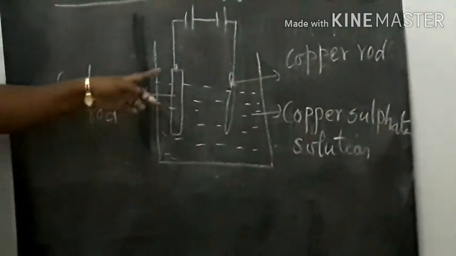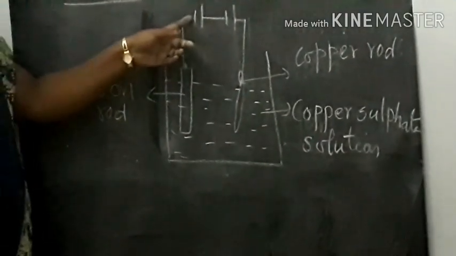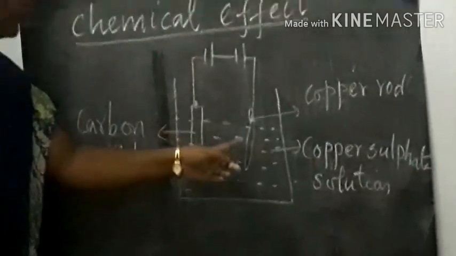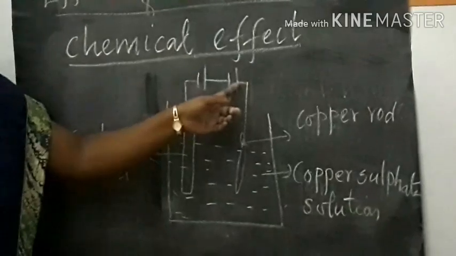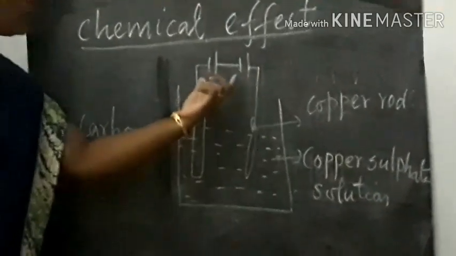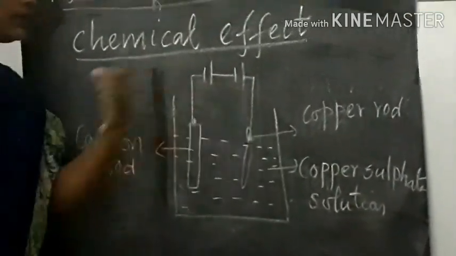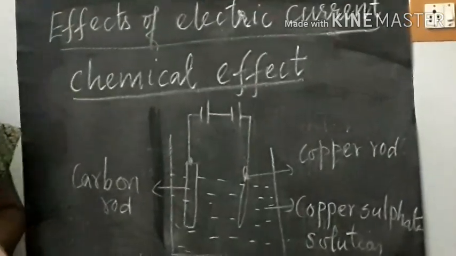And the carbon rod is connected to the negative terminal of a battery, and the copper rod is connected to the positive terminal of a battery. So when the rods are connected to the battery, chemical effect happens.